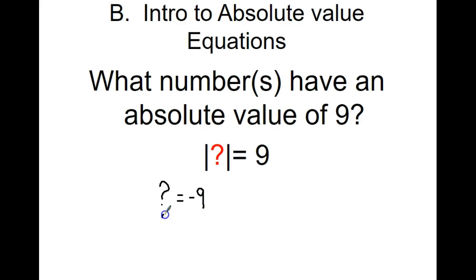What else could you plug in? No. If you plugged in 0, the absolute value of 0 is just 0. So that won't give me 9. Just +9, right? So basically, how many answers do I have? There's 2, right? I see some pencils moving. I'll let you guys write that.